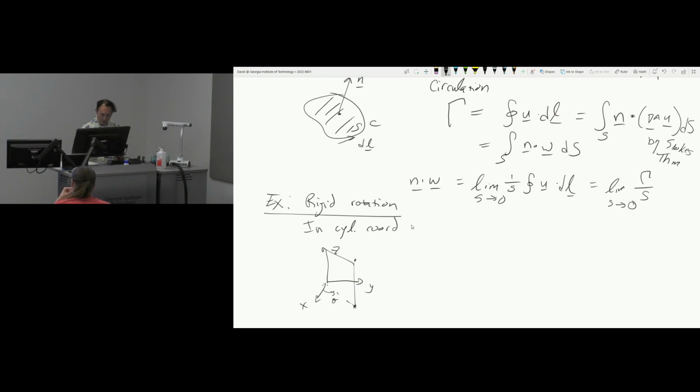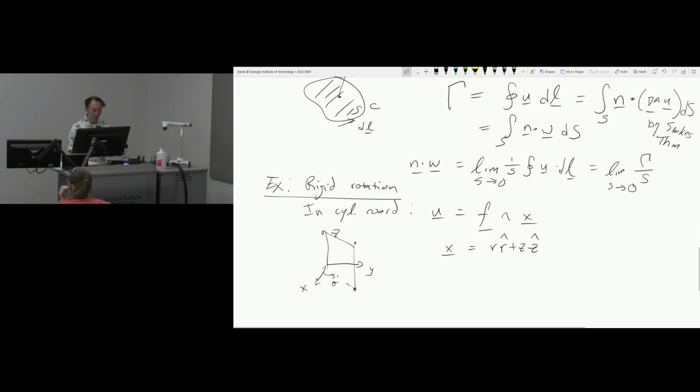Rigid rotation in cylindrical coordinates means that your velocity field is simply given by your position, where your position here is r hat plus z hat. Okay, so the closer you are to the origin, the less velocity you have, and the farther you go out, the higher the velocity. That's what this says. Okay.